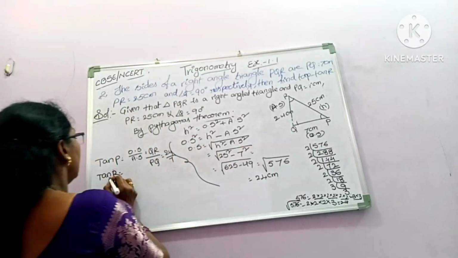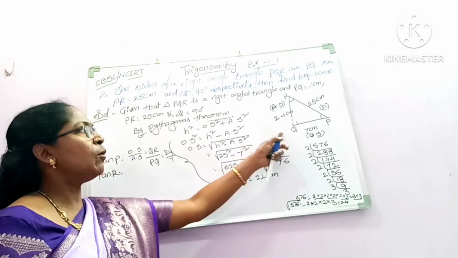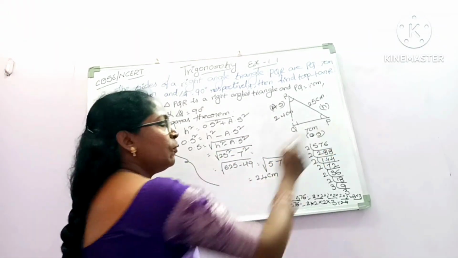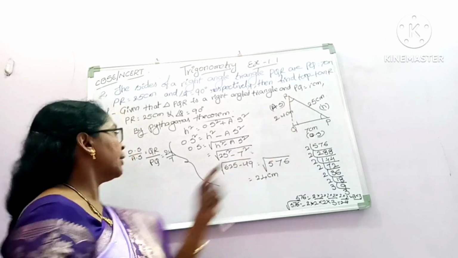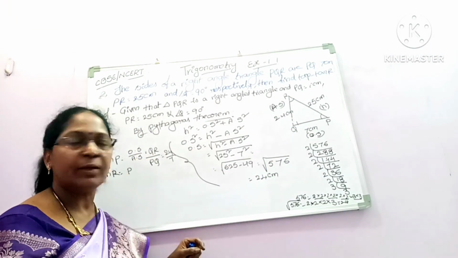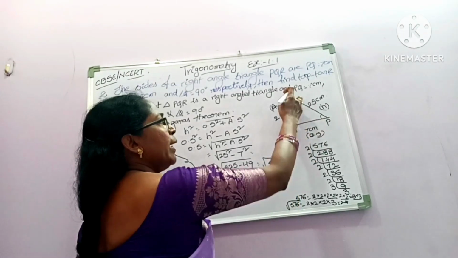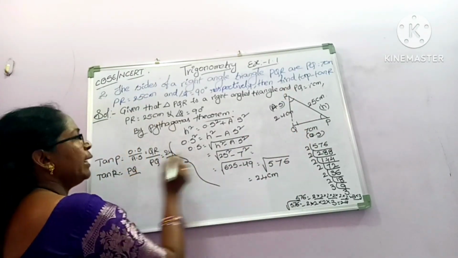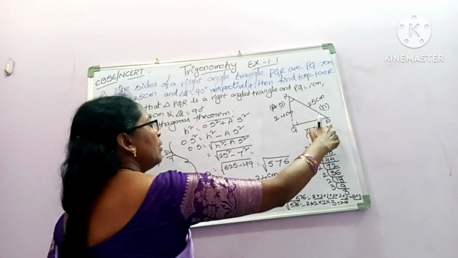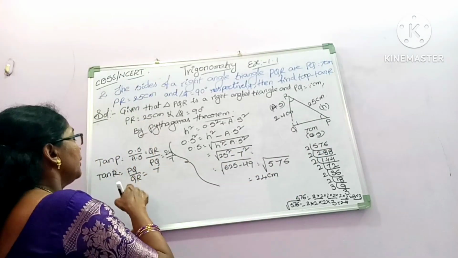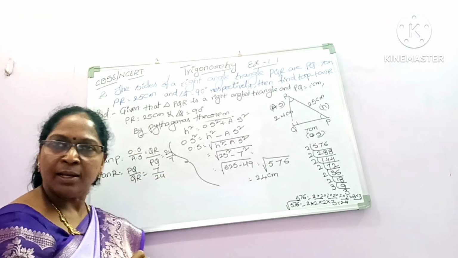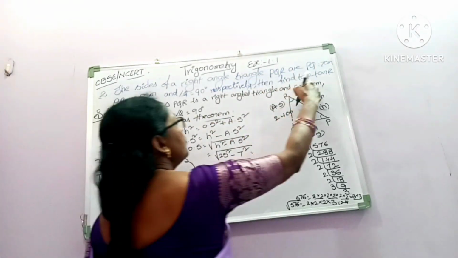So tan R equals PQ by, the formula we have already written once, no need to write every time. PQ by adjacent side QR. Where PQ equals how much? 7. And QR equals 24. This is the value.